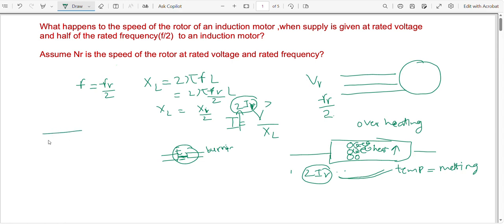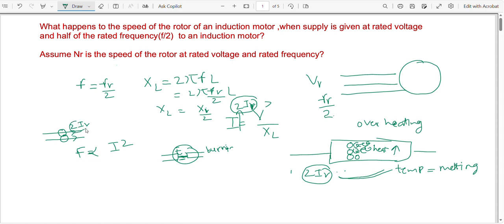There will be two conductors. They are insulated, and now the current is 2 times rated. The force between two adjacent conductors carrying currents in the same direction is directly proportional to I square.